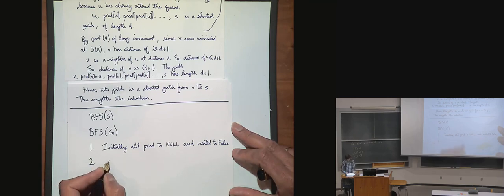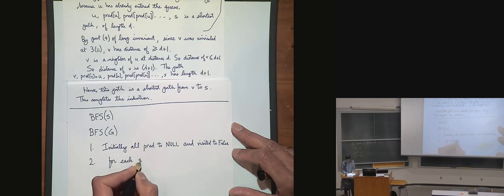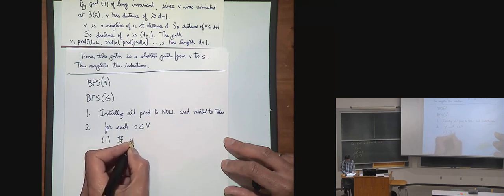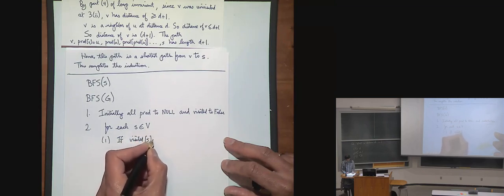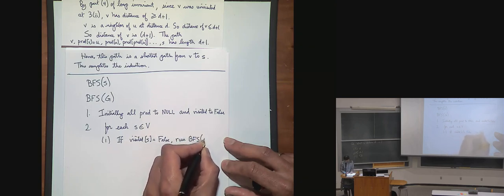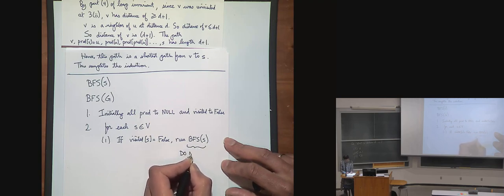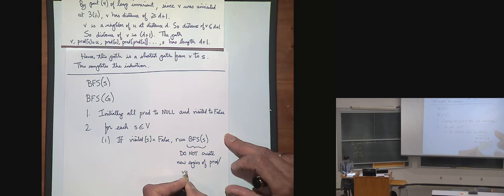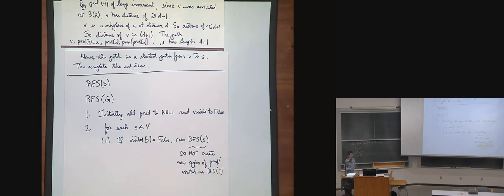And then what you do is, for each S in the vertex set, you simply say if visited S is false, then you run BFS of S, and I'll say do not create new copies of predecessor or visited in BFS of S. So it's like you set these global variables predecessor and visited, and you just run it in this way. Does this make sense?